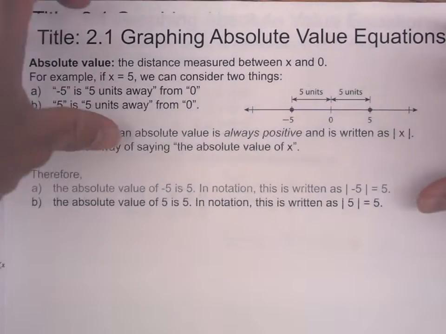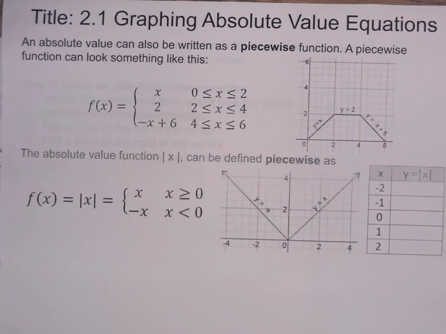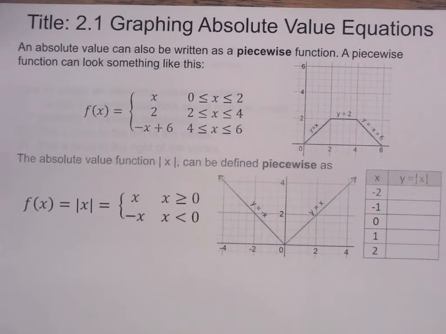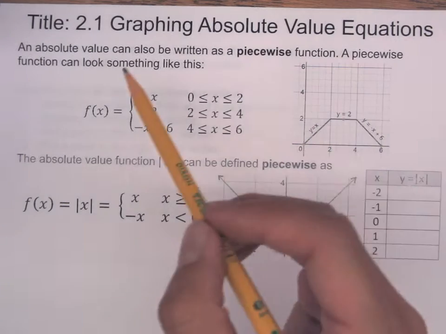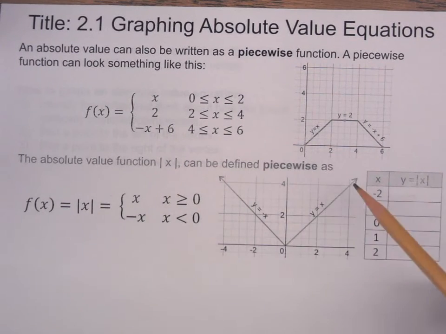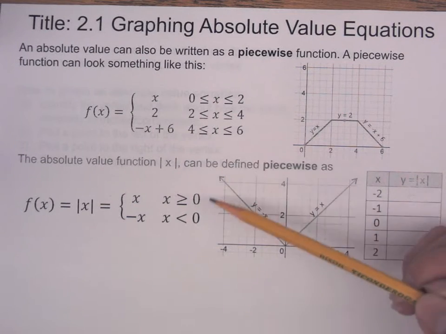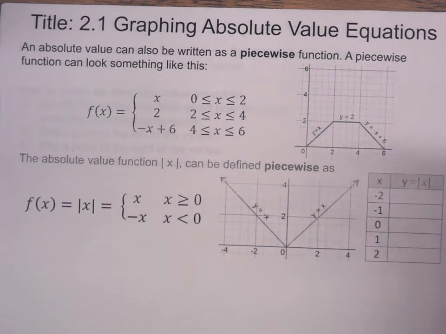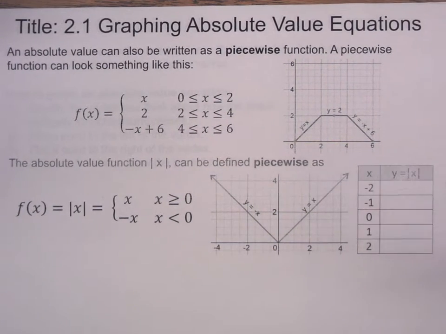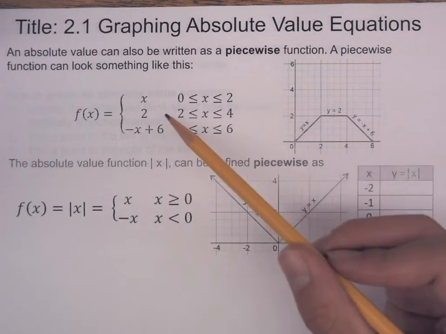Next part. An absolute value can also be written as a piecewise function. The reason why I want to present this before presenting the absolute value function is just so you see a different example of how to represent piecewise functions. So, for example, we have something like this.